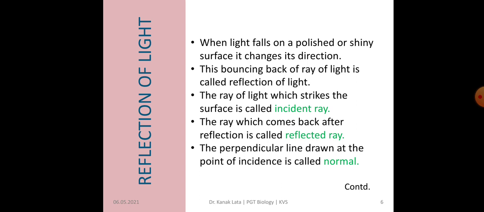The light ray that strikes any surface is called the incident ray, and the ray that bounces back from the surface after reflection is called the reflected ray. The perpendicular line drawn at the point of incidence is called the normal.